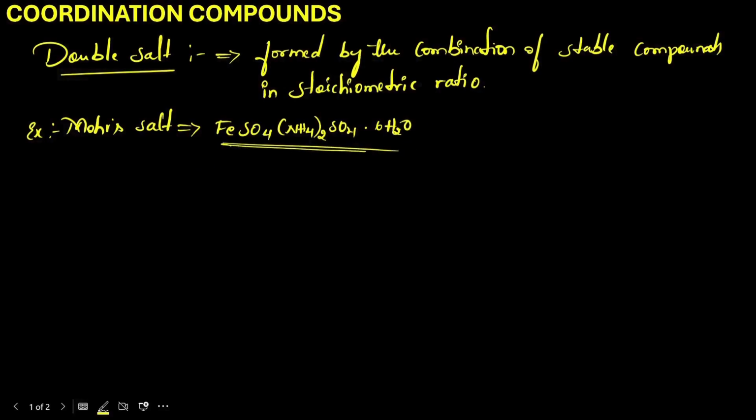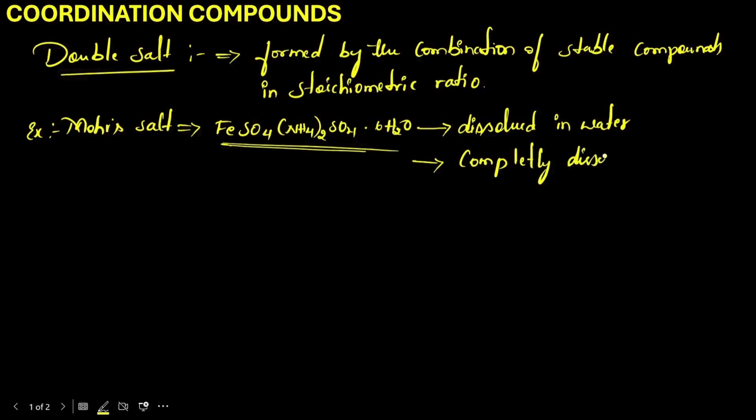When this salt is dissolved in water, it completely dissociates into simple ions. In this Mohr's salt we have Fe, SO4 and NH4 ions.